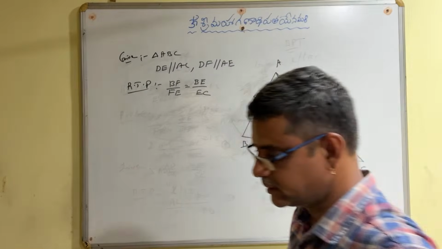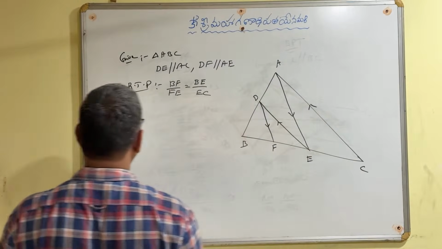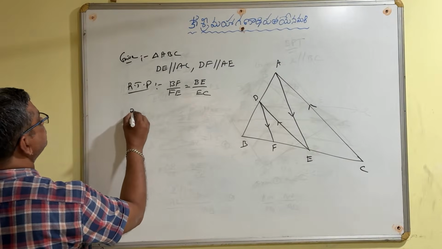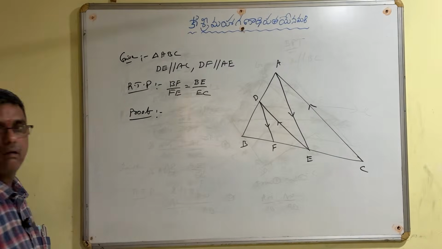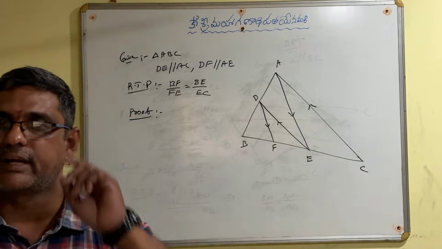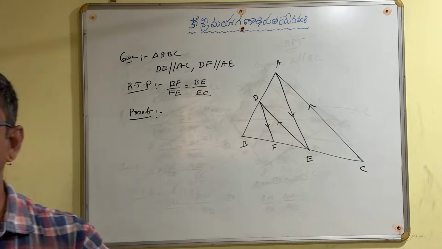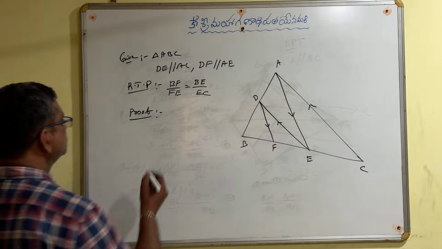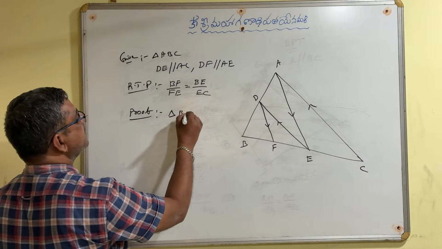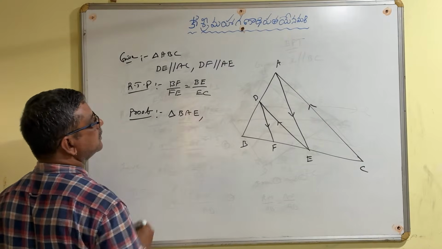Is that right? Which triangle do we need to consider first? Triangle BAE. Okay, good.